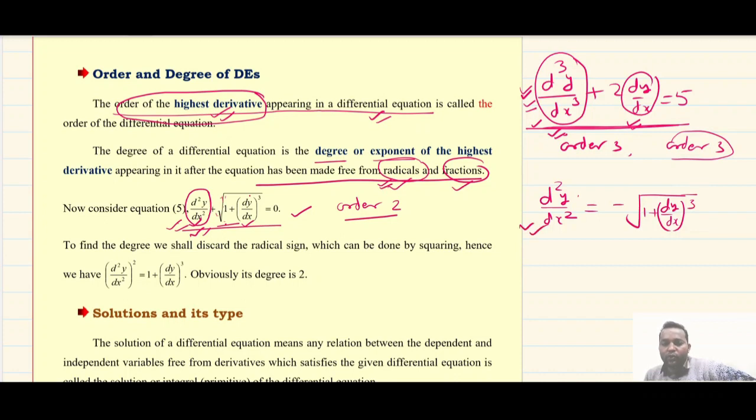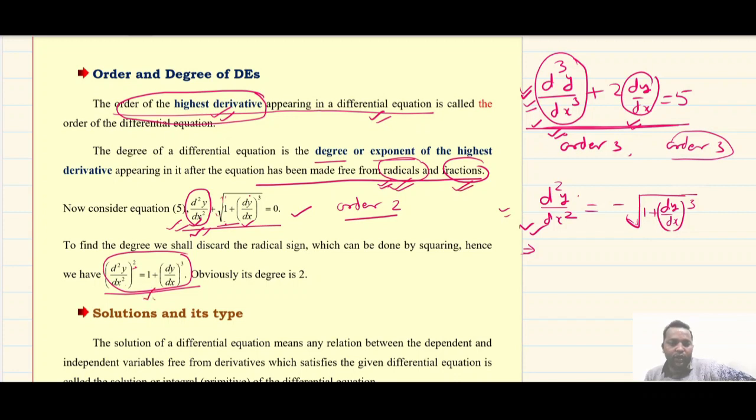Now to remove this radical sign, we simply square both the sides. When we square both the sides, we find this form of the differential equation: d square y over dx square whole square is equal to 1 plus dy over dx whole cube. Now this transformed equation is free from radical signs and fractional powers.